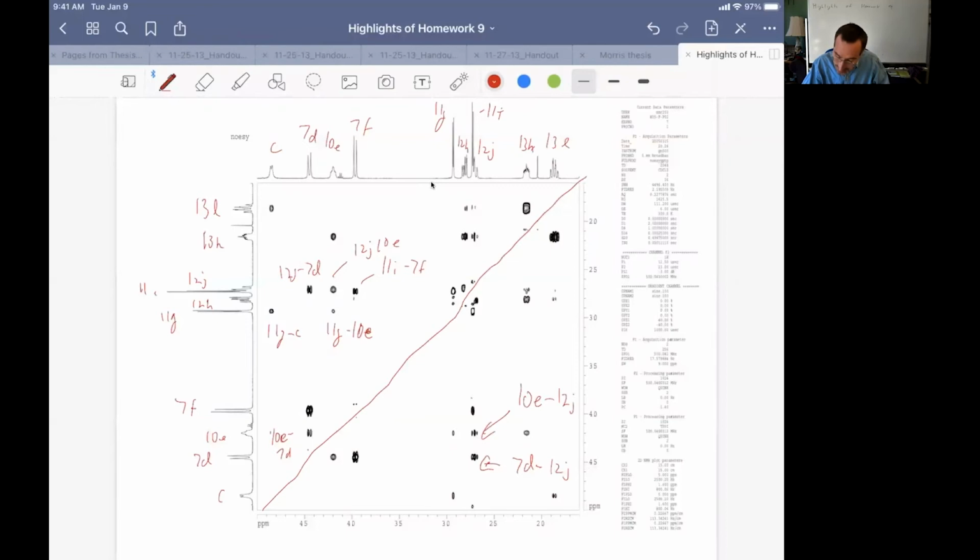But then you look at this one here and you see a very different shape. And so that's 7F with 11I. So you can start to pay attention to detail and really pick out these cross peaks. And if you work off of the NOEs, you're going to be able to get not only the stereochemistry of the molecule, but all of the diastereotopic methylene assignments.